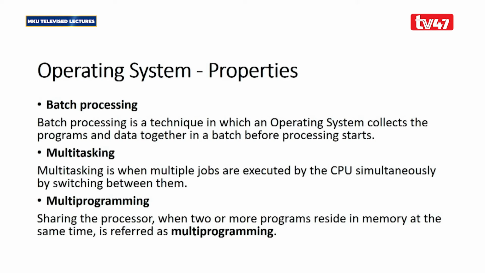Then we have multiprogramming, which is sharing the processor when two or more programs reside in memory at the same time. This is whereby you could be running several programs at the same time, and they are both in memory. When I say in memory here, I mean the primary memory. So multiprogramming basically supports several programs running at the same time, and they are in memory.